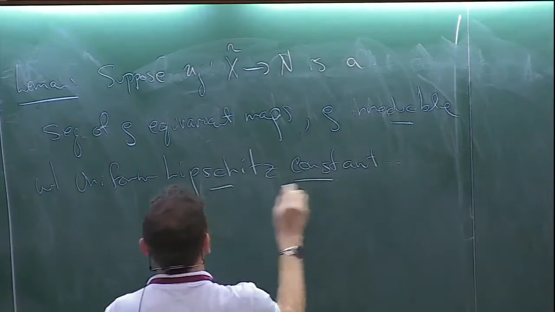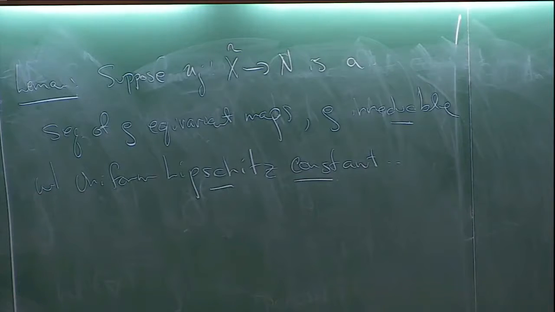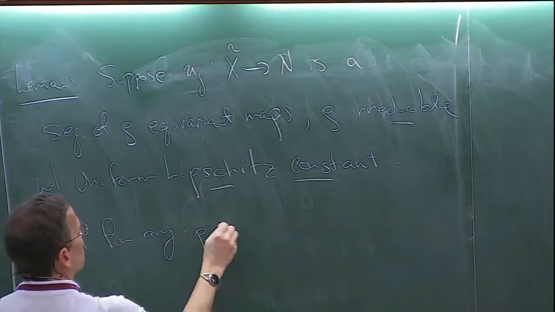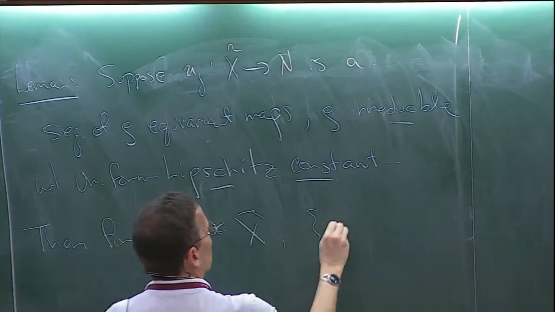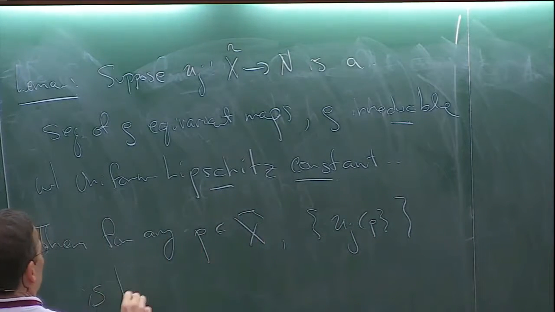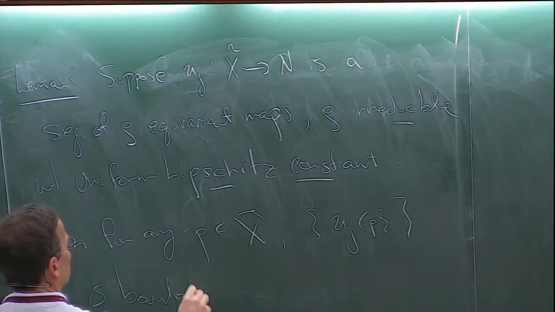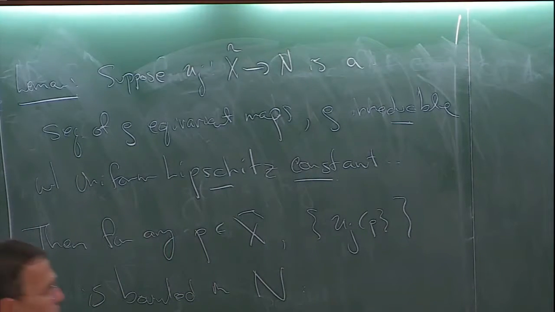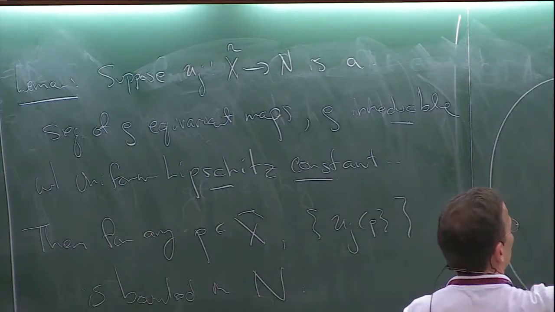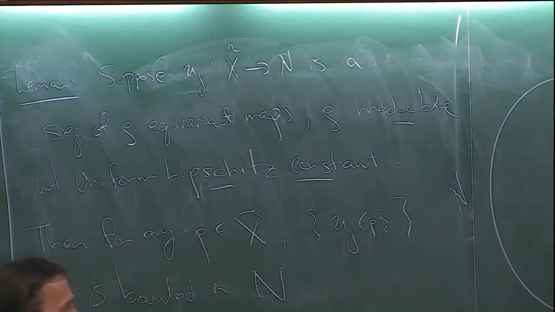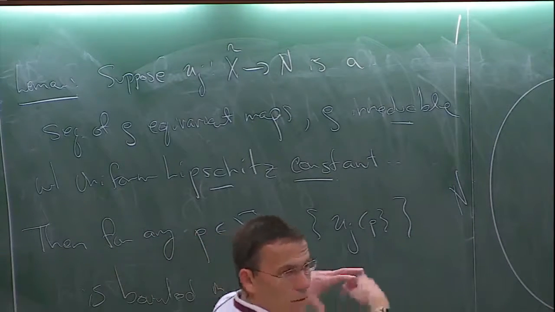Okay, so this is going to be the key operating factor. Then for any point P, the set Uj(P) is bounded. So let me give you the picture. You have your symmetric space like this, and now you've got the rho equivariant maps.